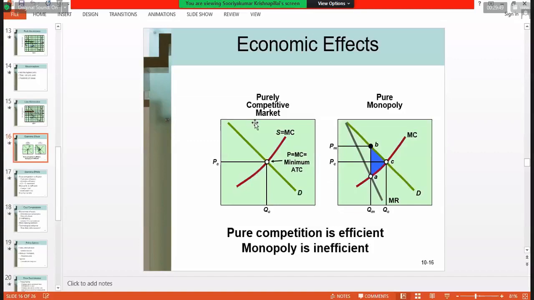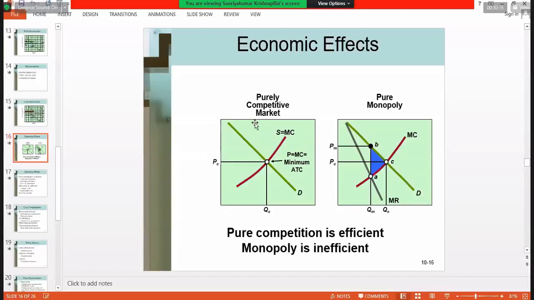The monopoly can sell some more quantity at a price above the marginal cost. Marginal cost is the lowest price the producer will accept, but the commodity market price is more than that. But he is not selling.